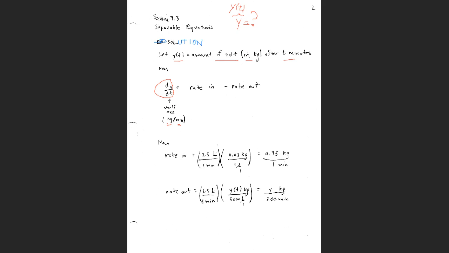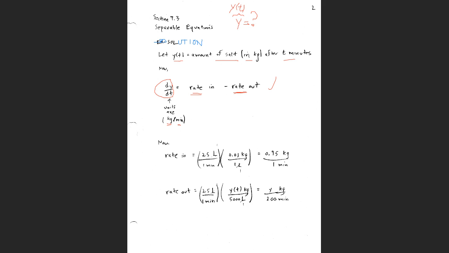So the brine mixes with the water, and then a solution comes out of the tank. So dy/dt is going to be rate in minus rate out. The question is, what would the rate of salt coming in be, and what would the rate of salt going out be?